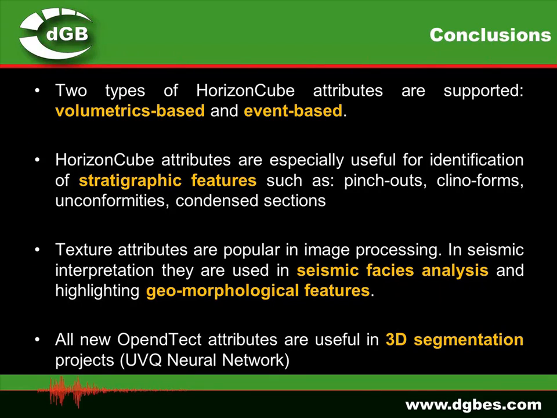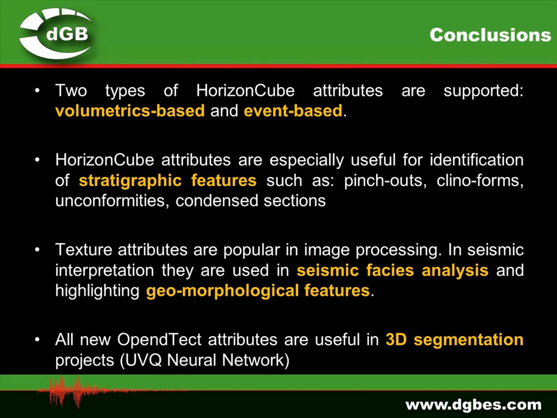Texture attributes are a new kind of attributes in OpendTect. They are very popular in image processing, and are used for seismic facies analysis, and also to highlight geomorphological features.